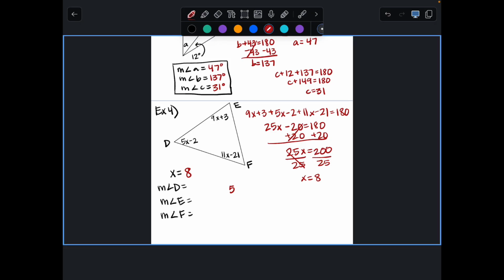So for D, we have 38. For E, 75. And for F, 67.